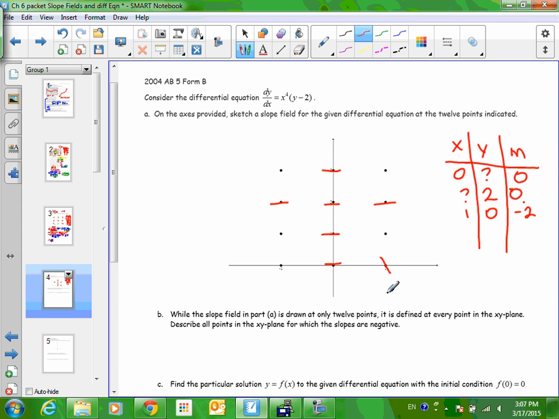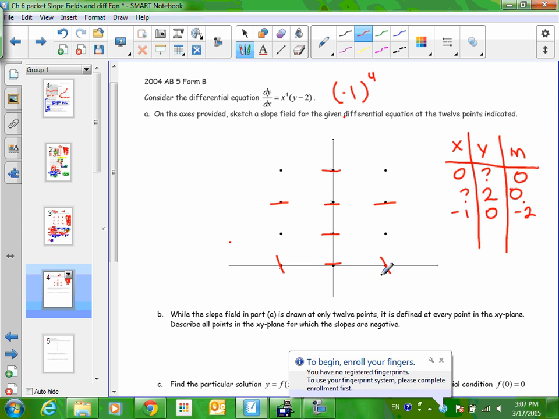All right, now, instead of just going up, I want to go over here. What happens when x is negative 1? When you take something to the 4th power, it's going to be positive. Does it matter whether it's 1 or negative 1? No. So everything over here on the left, everything for x equals negative 1, is going to copy exactly from when x is positive 1.